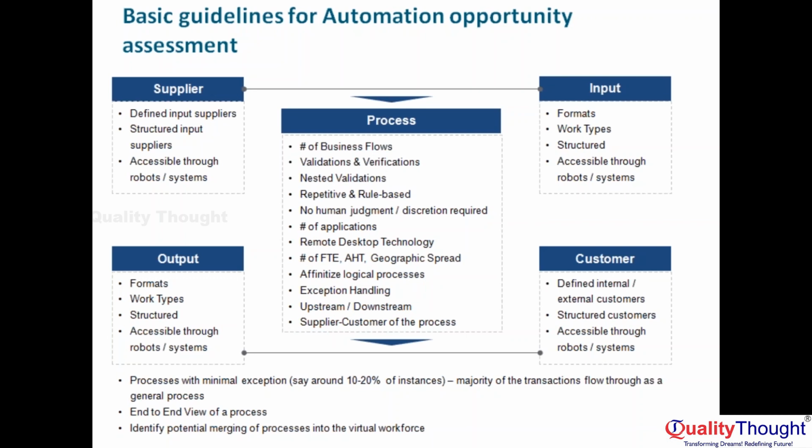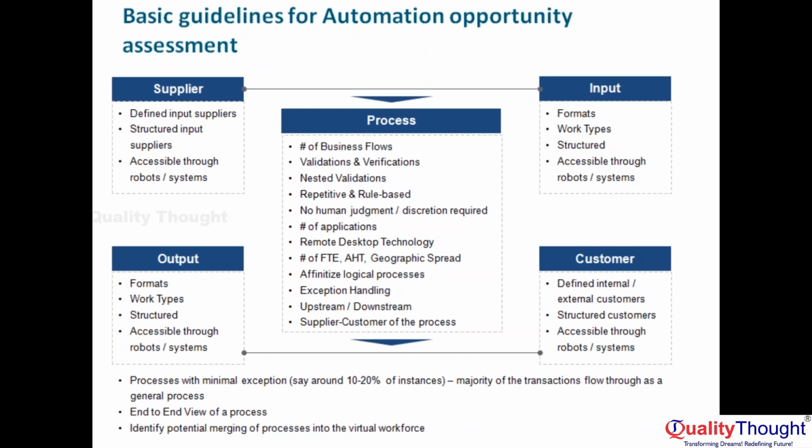And one more point is the number of FTEs. See how many FTEs are working on that process. For example, there is one process called hiring a new employee. So there is a business process. Nearly 100 HRs are working on that process. Understand how many employees are working on the same process. This parameter is very important in deciding the benefit of automation.